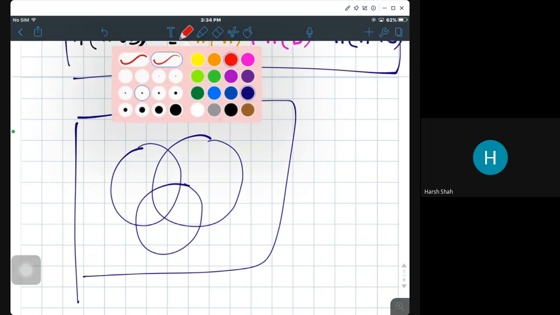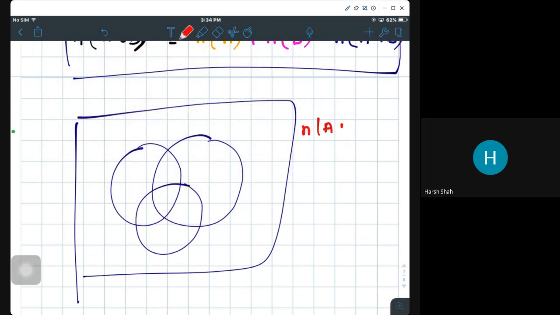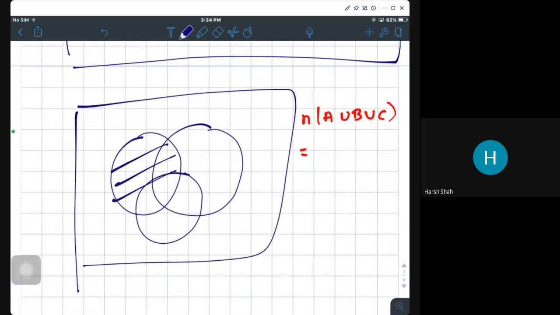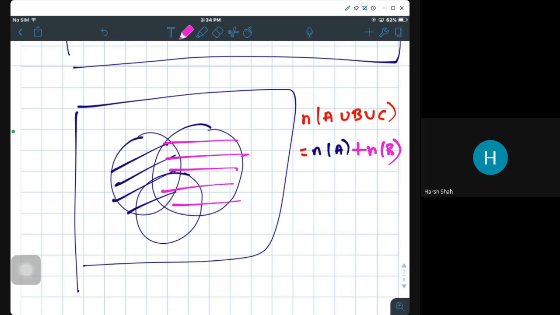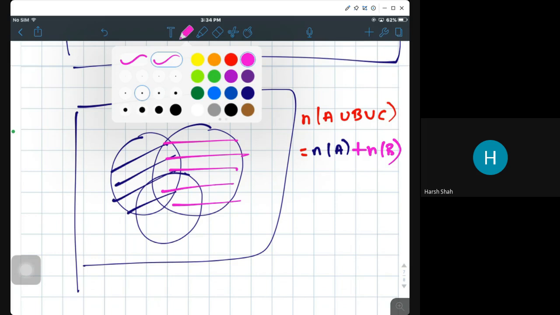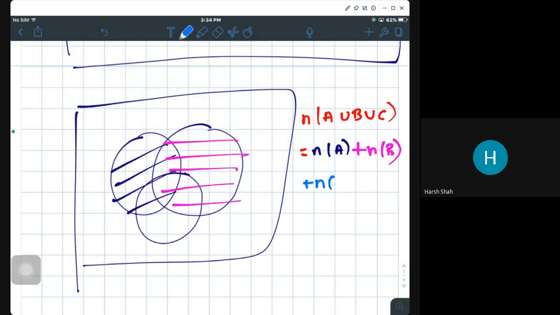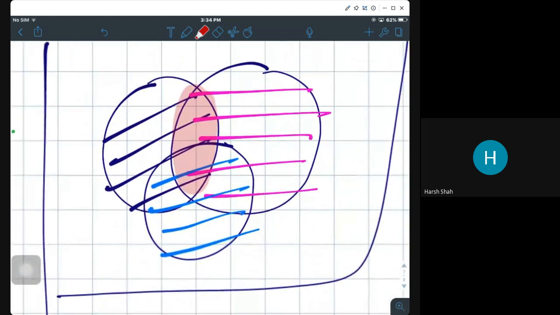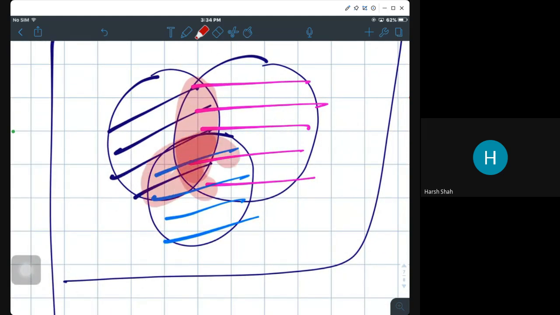Now for the union of these 3, n of A union B union C is equal to the first set as a whole, n of A, then the second set as a whole, n of B, and the third set as a whole, n of C. Now similarly here, this part comes 2 times, this part comes 2 times, and this part comes 2 times, correct?